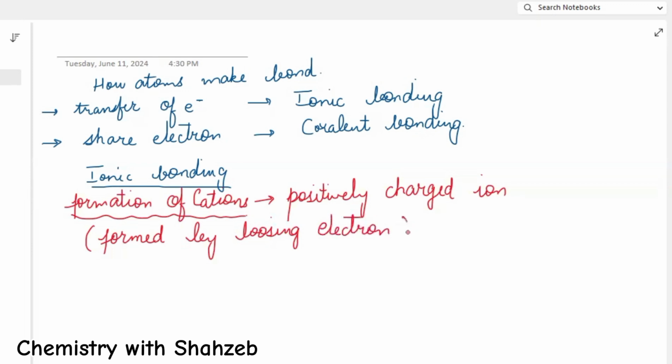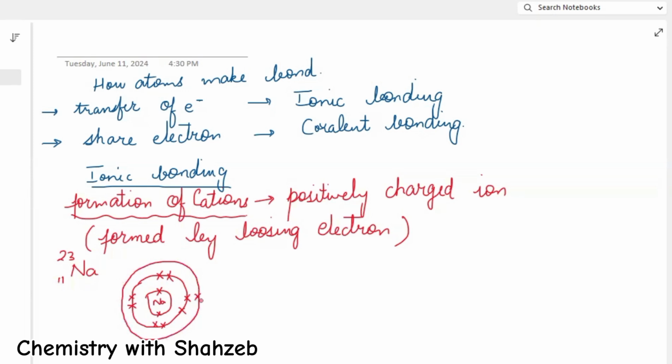For example, we have sodium, Na, atomic number 11. Its electronic configuration: the first shell can accommodate a maximum of 2 electrons, the second shell can accommodate 8 electrons, and the last shell has 1 electron.